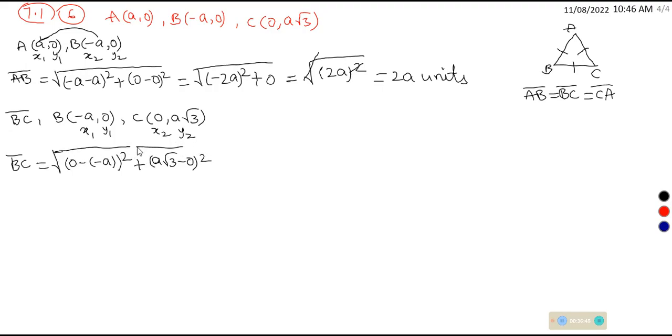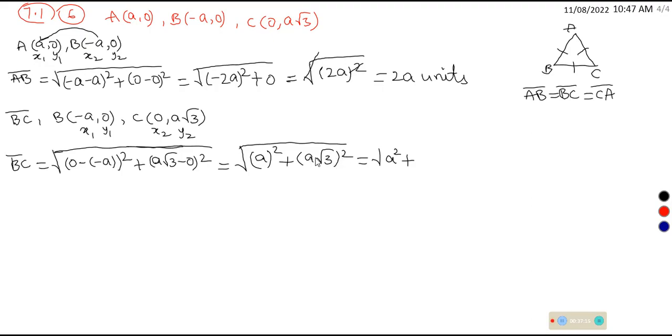So root of 0 minus into minus, plus a, so a square, plus a root 3 minus 0, a root 3 whole square. So this is root a square plus the square will apply for a as well as root 3.